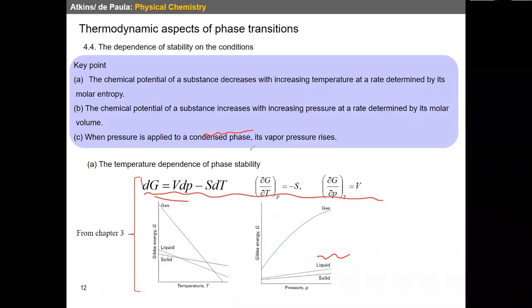Using these, we can solve thermodynamic problems like this one. I will give you a few minutes to solve this problem, and then let's solve it together.